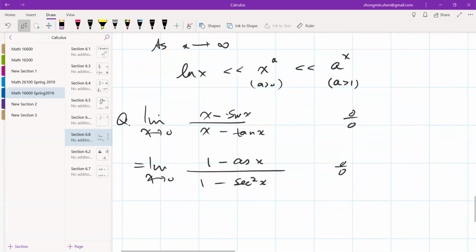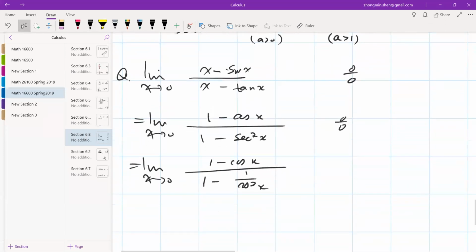I already see that because the numerator is going to be sine x, and plugging in 0 for x is still 0, right? So I don't like the secant x. So it's 1 minus cosine squared x over 1. I'm going to simplify this function.